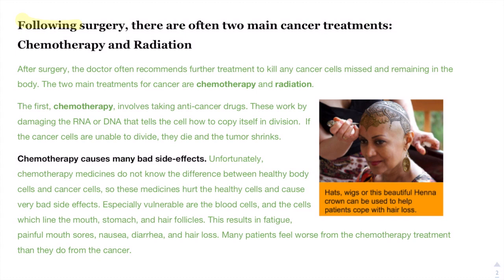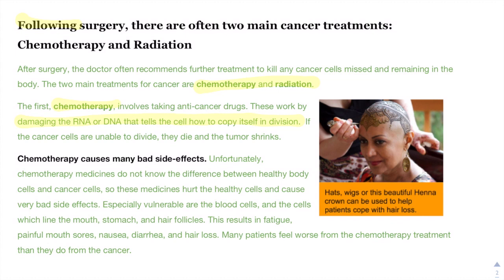So we're going to hear about both, but this section is all about chemotherapy. The first, chemotherapy, involves taking anti-cancer drugs. These work by damaging the RNA or DNA that tells the cell how to copy itself in division. If the cancer cells are unable to divide, they die and the tumor shrinks.